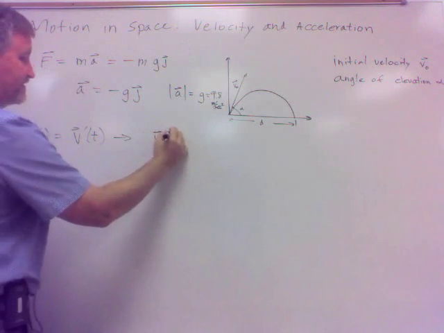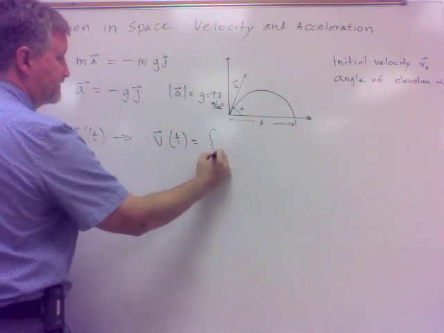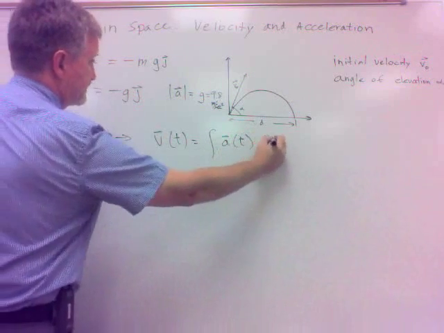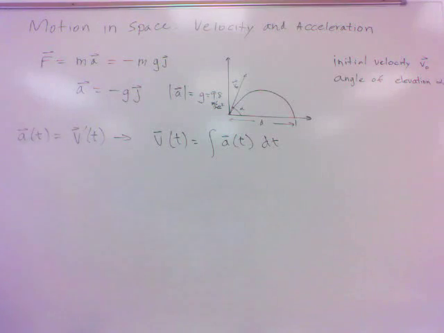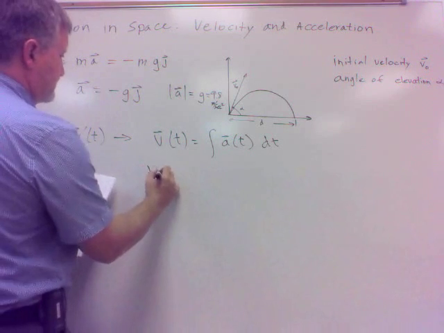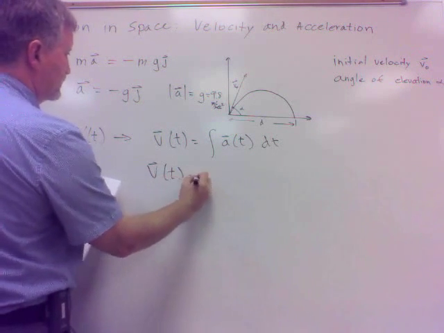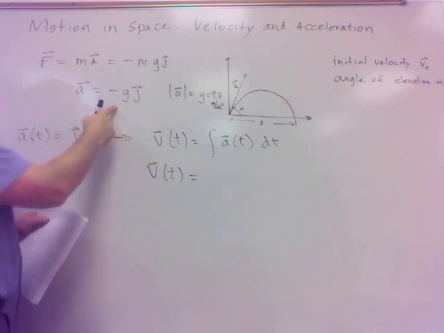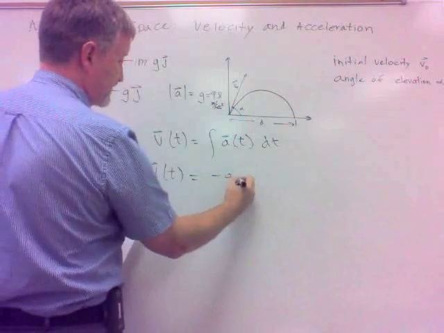The velocity vector is the integral of the acceleration vector, which we've got. So the velocity vector then would turn out to be, well, we're just doing the integral of that, so it's just negative gtj plus a constant vector.